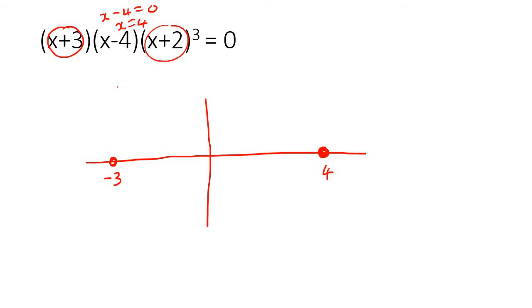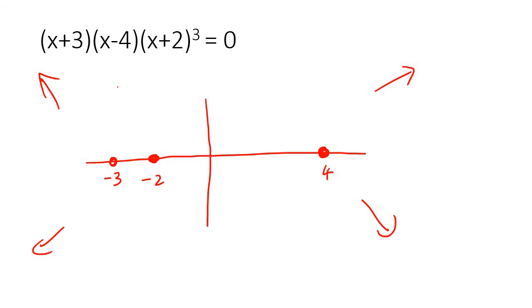And then if you solve this one, you'd get that x is -2, which is over there. Now, that doesn't give us enough information to be able to draw the graph. So what we need to look at next is the end behavior. We need to know if it's going to go down or up, and then up over here or down. That's what we need to work out next.